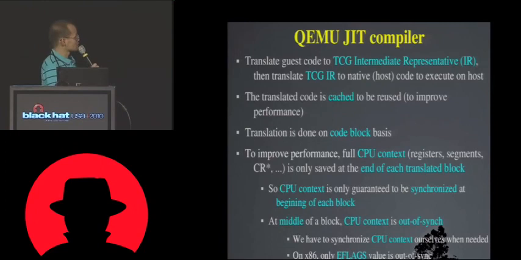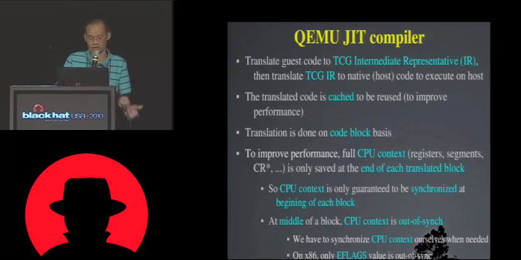QEMU's compiler has some tricks to improve the performance even more. For example, the full CPU context, which includes registers, segment registers, control registers, and so on, is only saved at the end of each block. That means the CPU context is only guaranteed to be synchronized at the beginning of each block. In the middle of the block, the CPU context is not synchronized; it's out of sync.